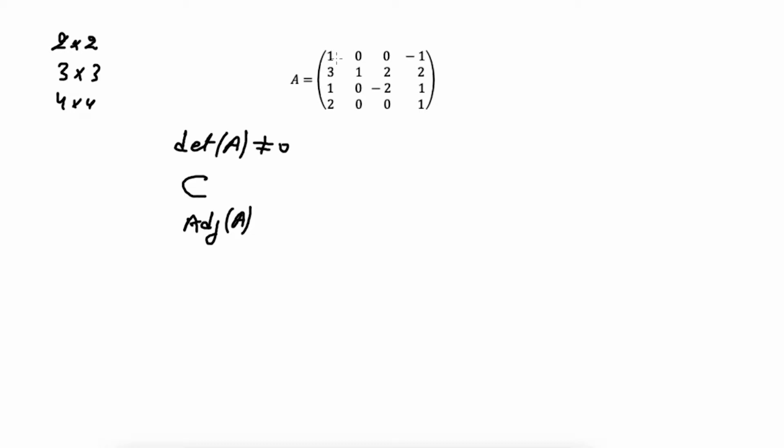Let's start with this entry here, A11. Its minor will be M11, which equals: we delete this row and this column and take the remaining matrix. It will be 1 0 0, 2 minus 2 0, and 2 1 1.